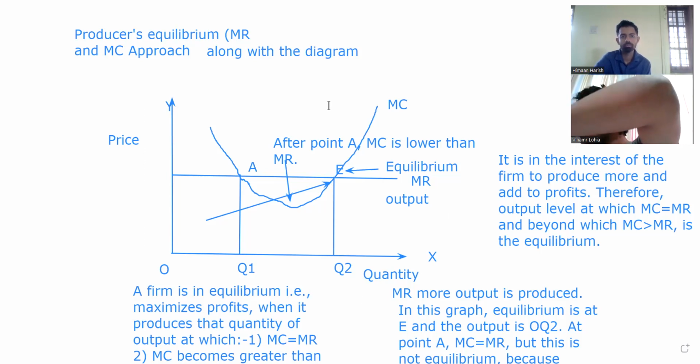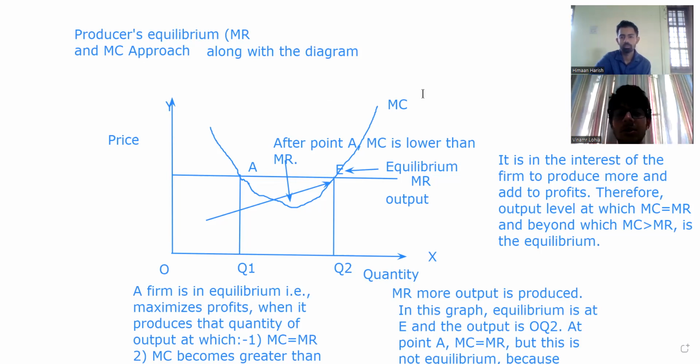Because this is the MR and MC approach, a very simple graph, you'll notice there is no variable cost mentioned here in the MR and MC approach for profit maximization. It's better to follow this approach.